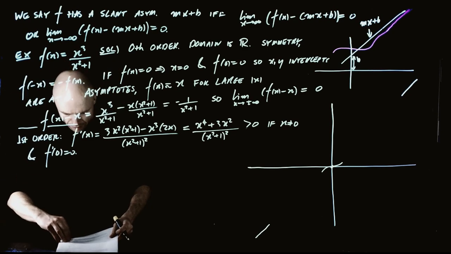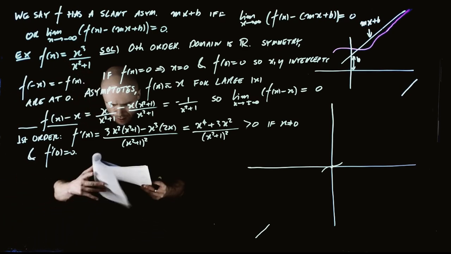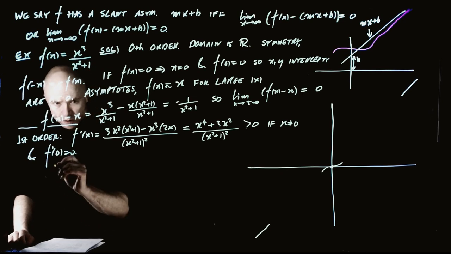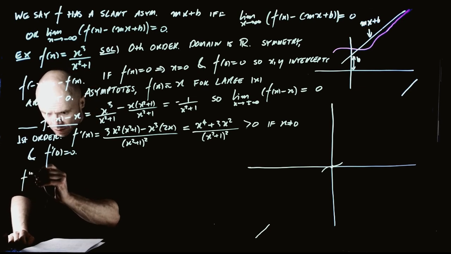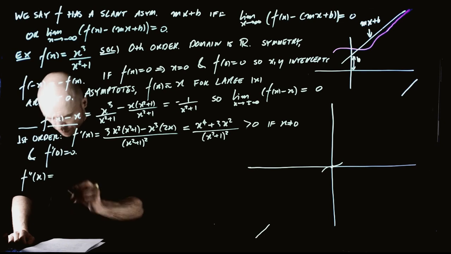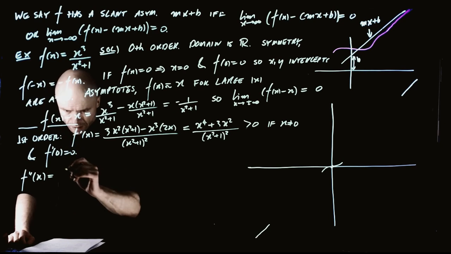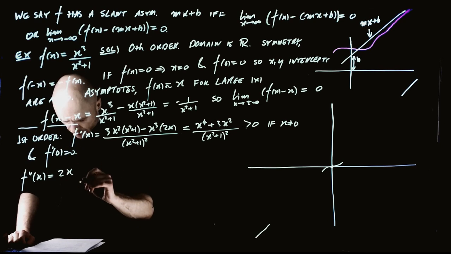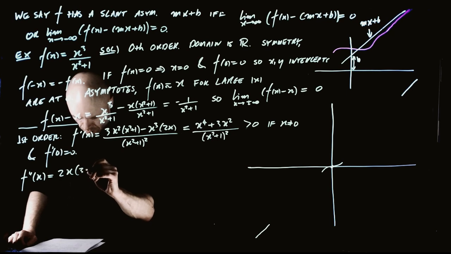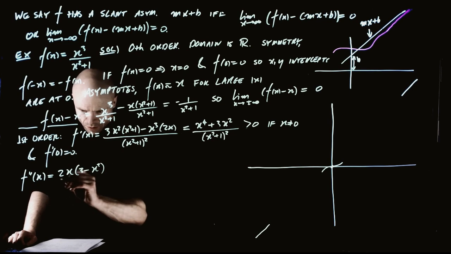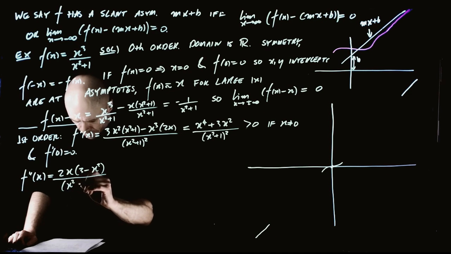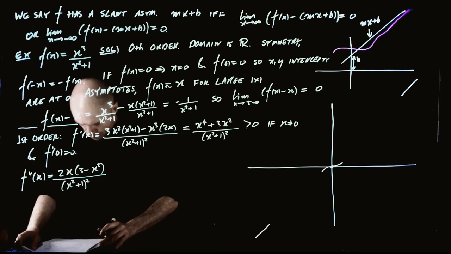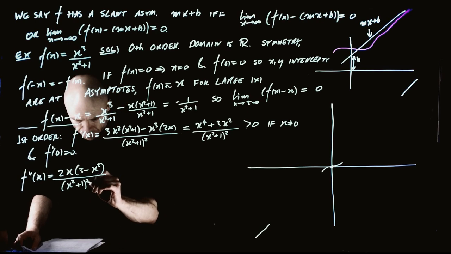Okay, let's just write down the second derivative for the interests of time. So doing the quotient rule again, if we do the second derivative, cutting to the chase, we end up with this thing, in the interest of time and space, because we're running out of space too. To the power 3.